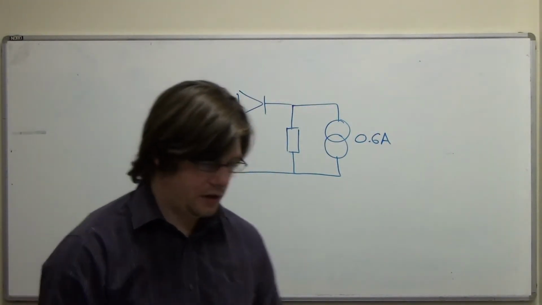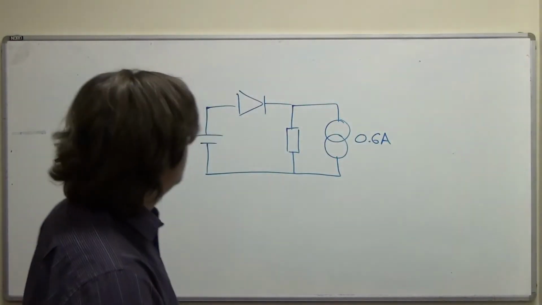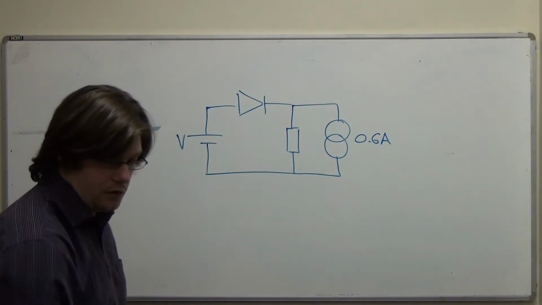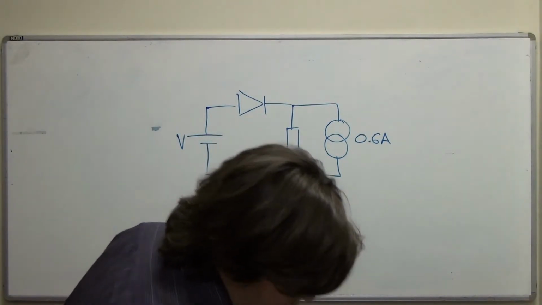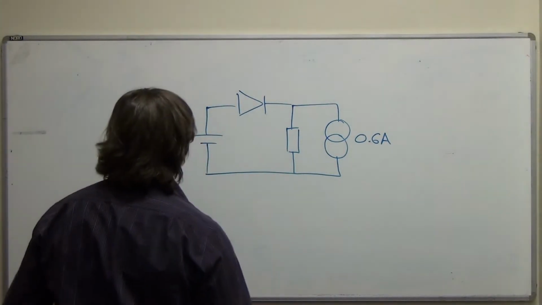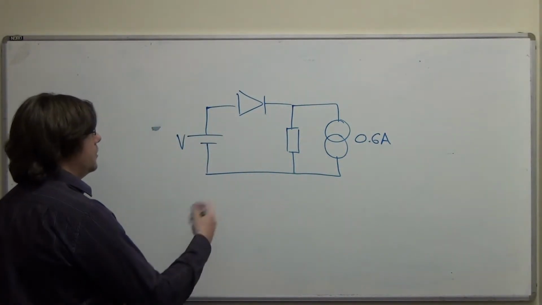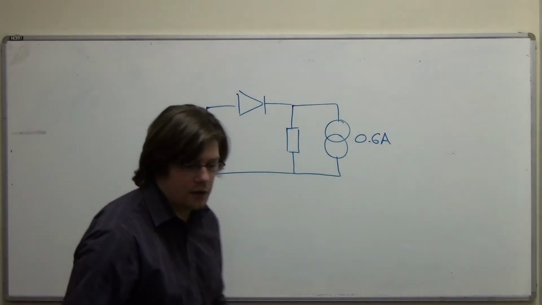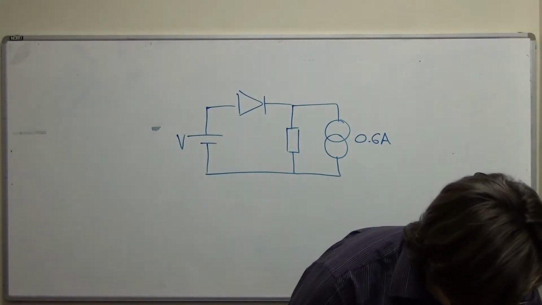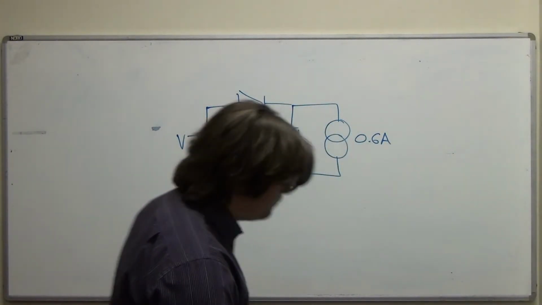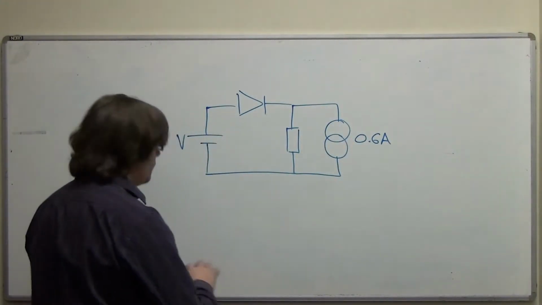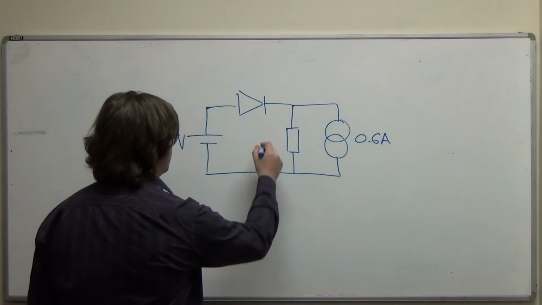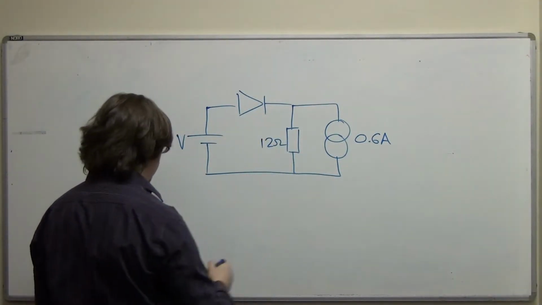What voltage do we need to have across the voltage source in order to yield the diode on the edge of conduction? So, oh, I haven't put the resistor value on, have I? 12 ohms. So this is 12 ohms.